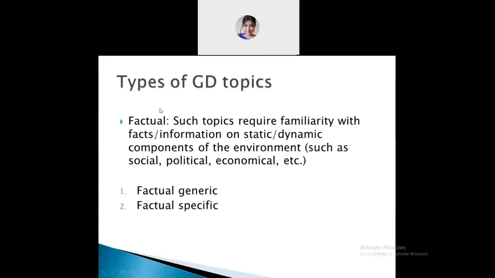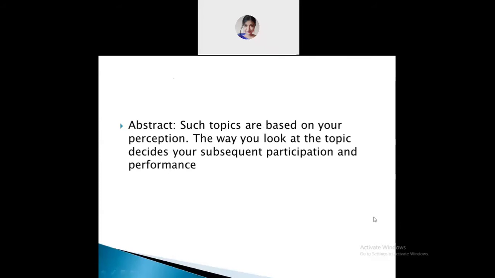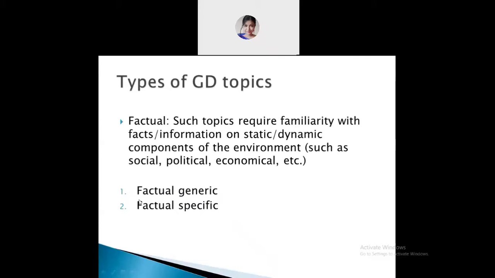These topics are mainly categorized into two different groups: number one, factual group discussion topics, and number two, abstract group discussion topics, okay? The first type is factual. The second category is abstract. Now, what is a factual GD topic?